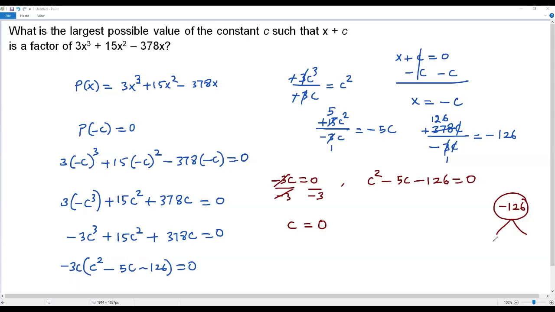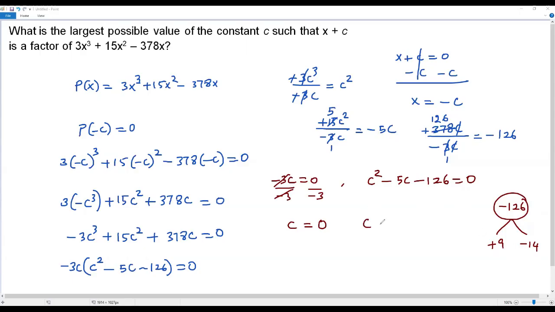I think positive 9 and negative 14 will work, because 9 times −14 is −126, and 9 plus −14 is −5. Dividing these factors by the coefficient of c², which is 1, gives the same result, 9 and −14.